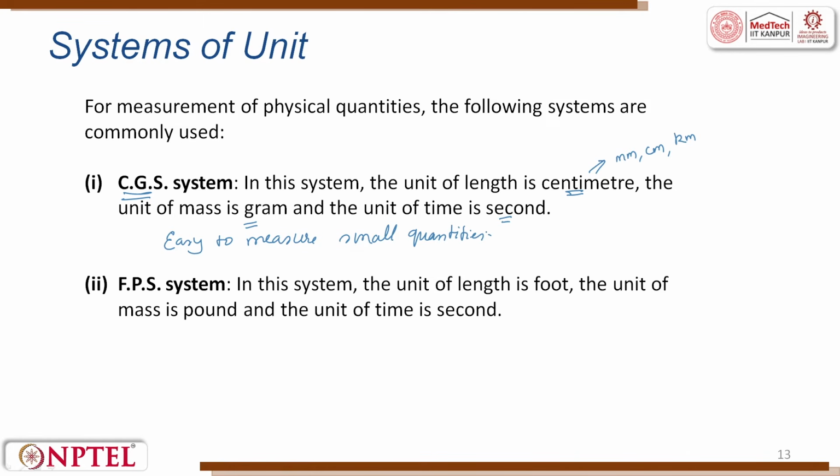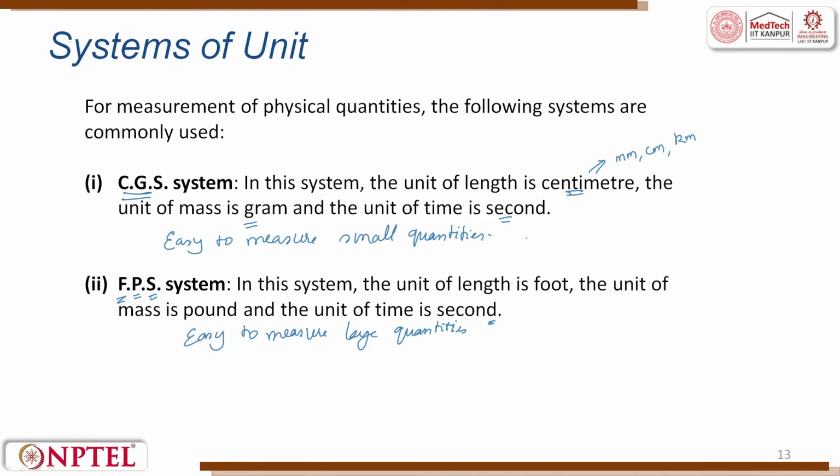When we go for FPS, in this system, the unit of length used is the foot, and then we use pound, and the unit of time is seconds. So, here it is easy to measure large quantities.